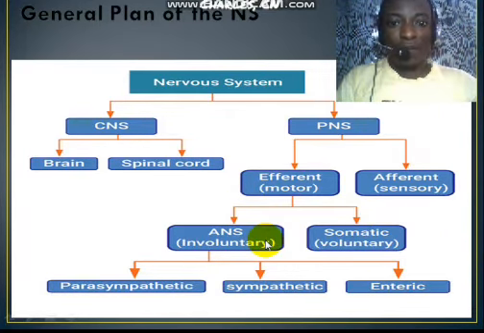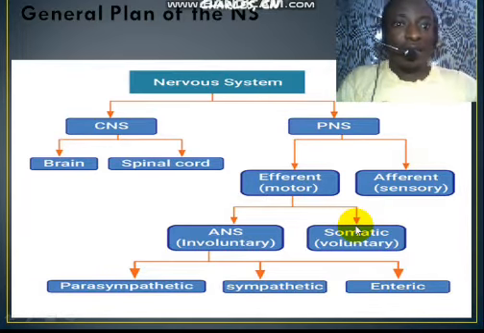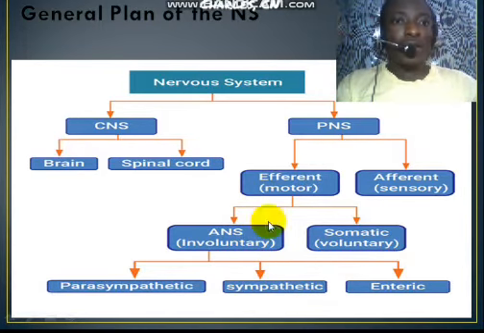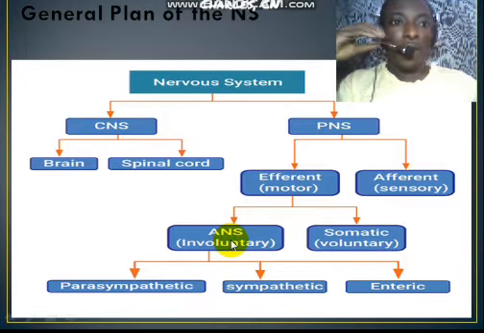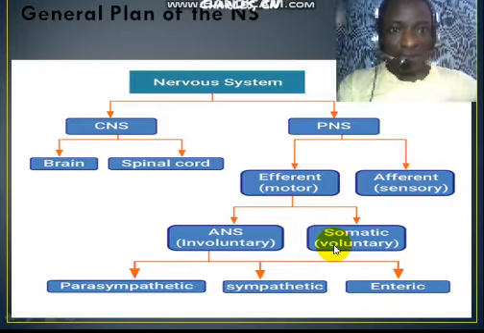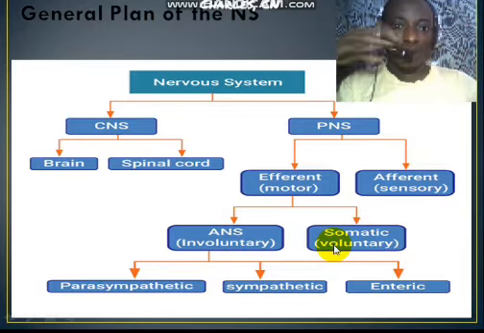The first part is the autonomic nervous system, and the second part is the somatic nervous system. The autonomic nervous system plays a major role in controlling involuntary movements, while the somatic nervous system controls voluntary movements, such as movements of the skeletal muscles.